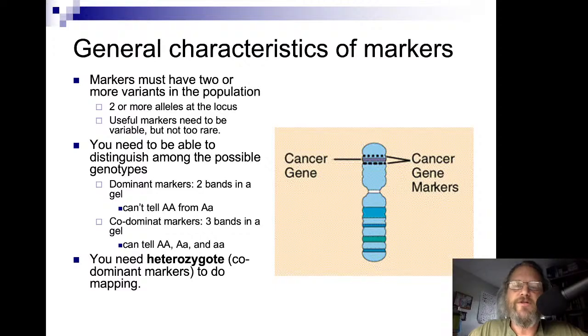The other, of course, is that the allele, the difference between one individual and another, the product has to be visible. So what you want are codominant markers in which you can distinguish between the homozygous recessive, the homozygous dominant, and the heterozygote. Okay, so ideally you want 3 different types and not 2. For example, with dominant markers, there's only going to be 2 bands in the gel. You can't tell the homozygous dominant from the heterozygote.